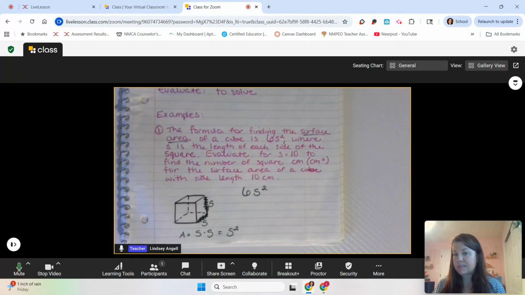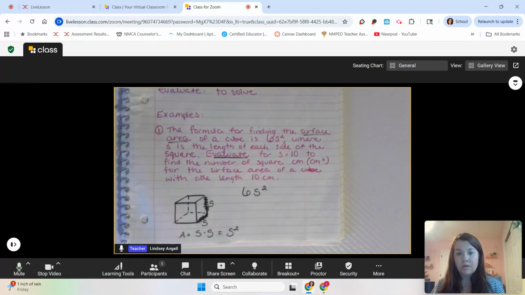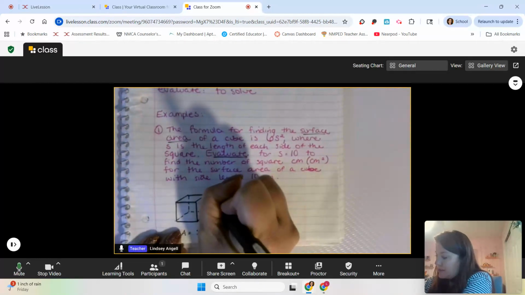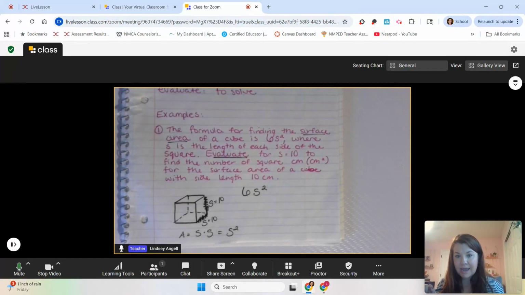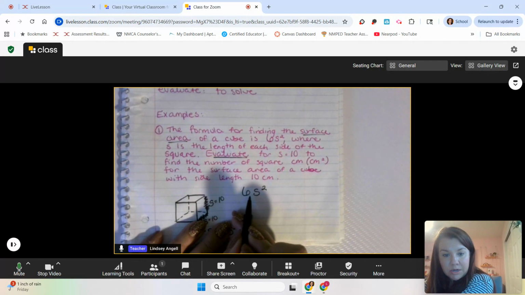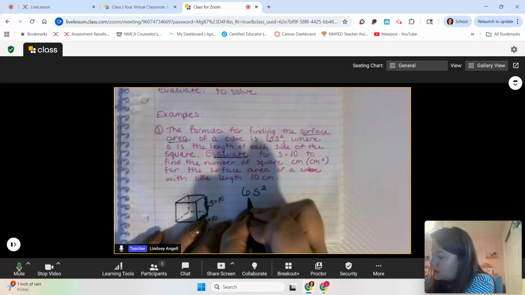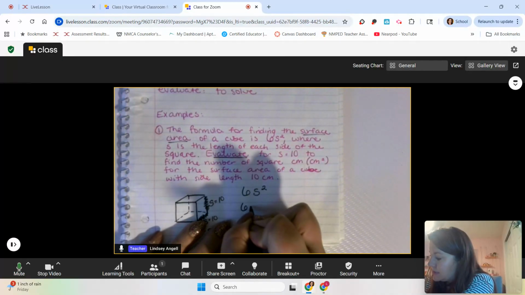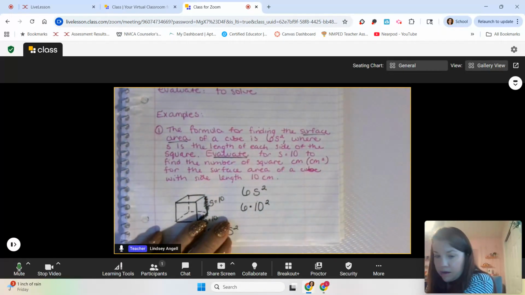And what they're telling us in this problem, it says evaluate, there's that fancy word for solve, for s equals 10. So that means this is 10, this is 10. Each side length is 10 centimeters. So all we have to do is plug 10 into our expression. Now when a number is smushed right up next to a variable, that means to multiply. So really it's 6 times 10 squared.